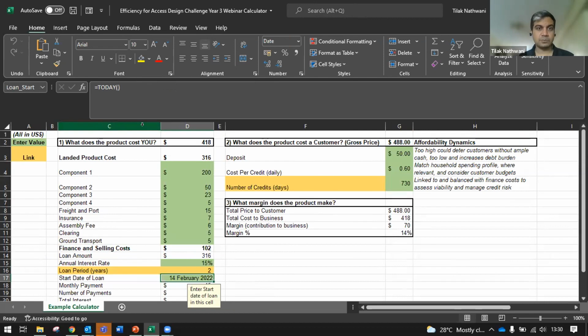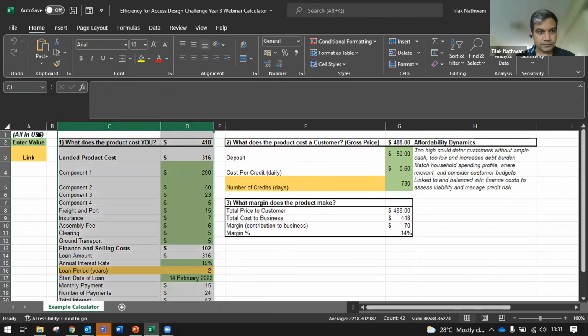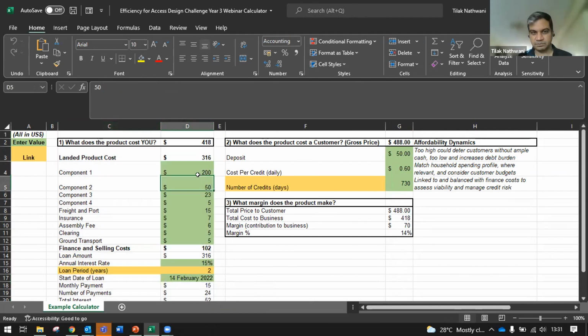One fine balancing act that we're always careful to do very early on when we're developing pricing plans is, what does the product cost us as a business, and what does the product cost a customer? Between them, there's a solution that is both affordable to the customer and viable to the business. Over to the right, you'll see almost like a little calculator that helps you, and you can fill these in.